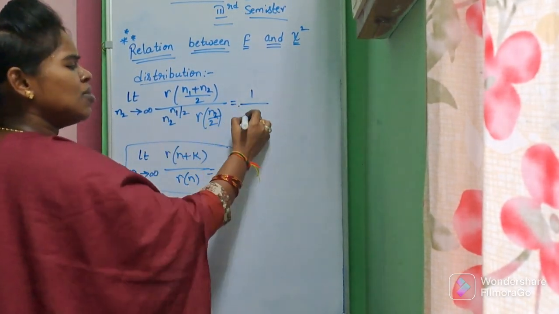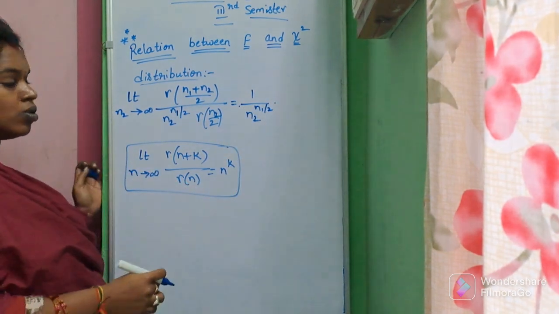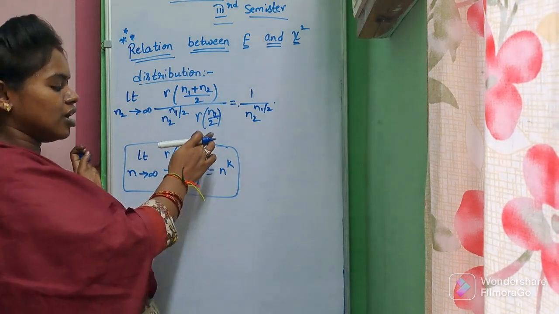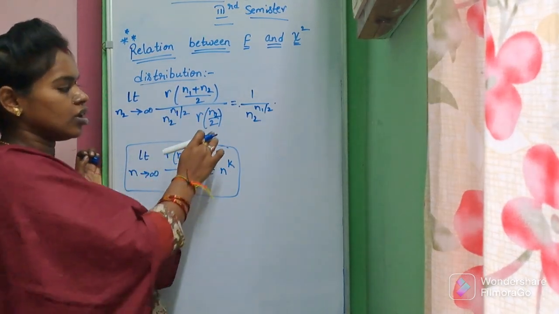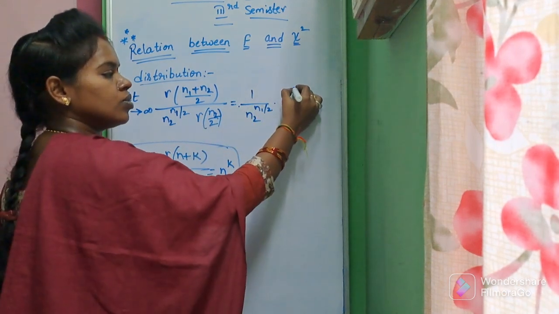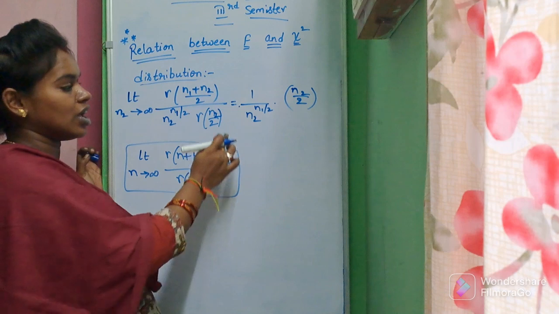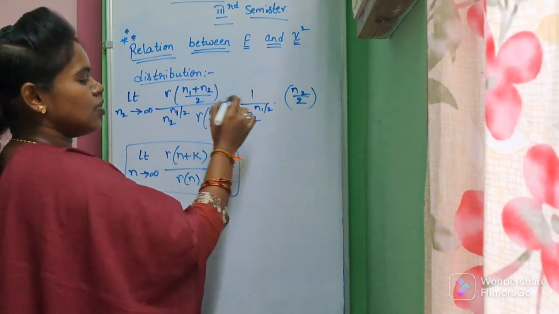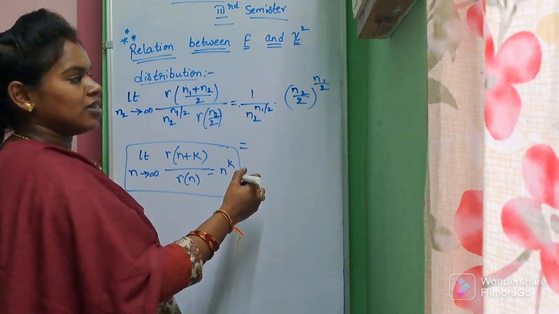Here I am keeping n2 power n1 by 2 the same, into n power k. In place of n, here it is n2 by 2, and in place of k, here we have n1 by 2. So we have to split like this.